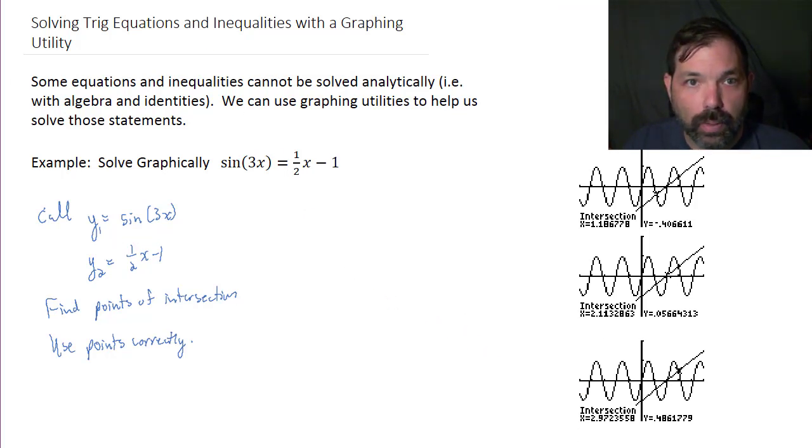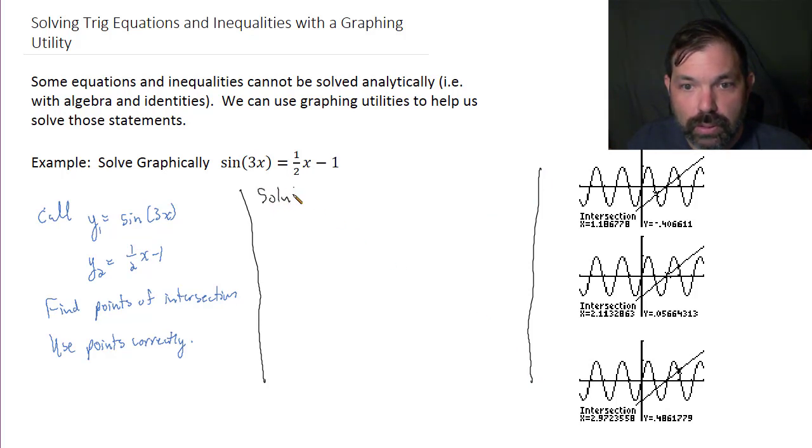Now remember, we were asked to solve graphically, and remember that the solutions are the x values, right? The solutions are the x values that make this a true statement.